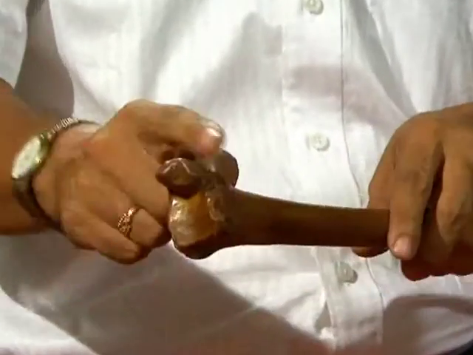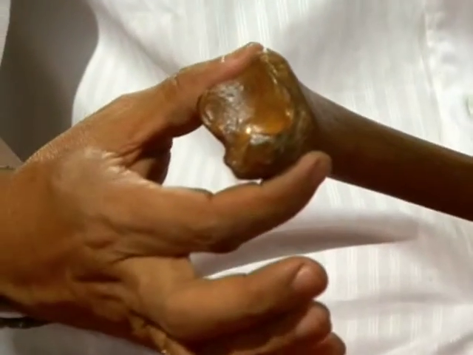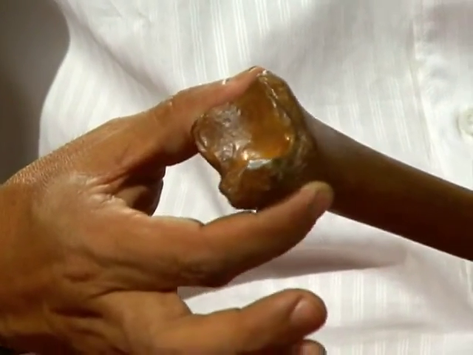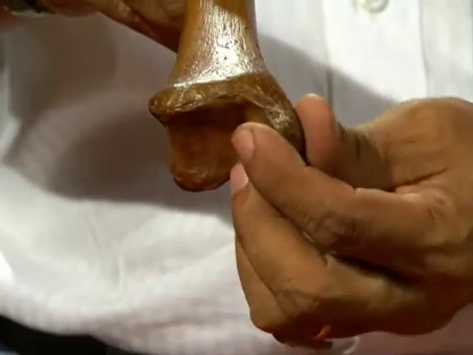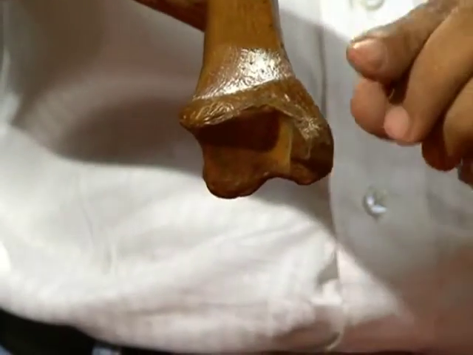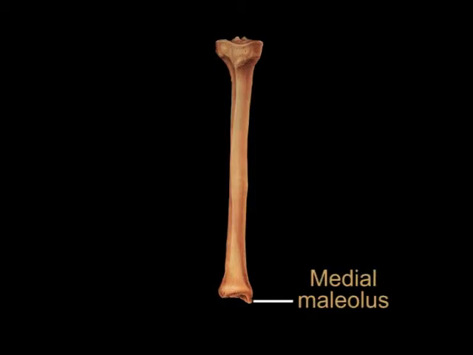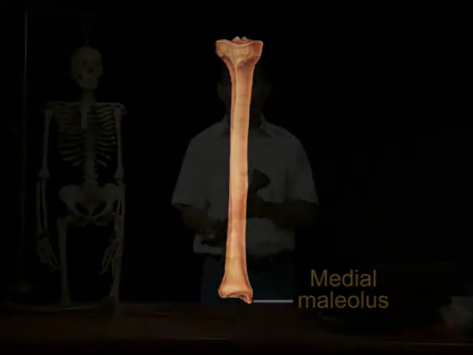This is the lower end of tibia. So this projection which lies medially is called the medial malleolus.